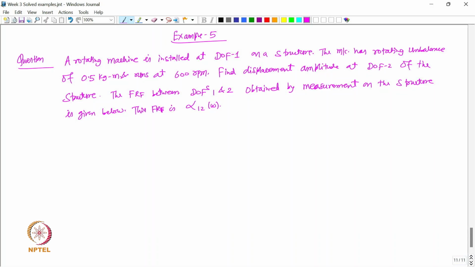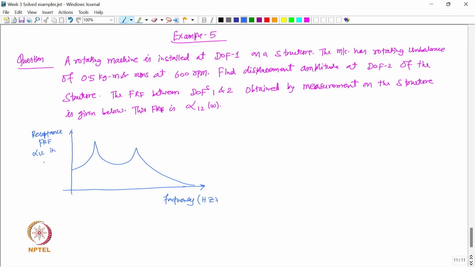This is the problem, and the FRF given, let us sketch that. So, this is the FRF and this is the frequency axis, this is in hertz, and this is the receptance FRF alpha 1 2 in decibels, that is the y axis.